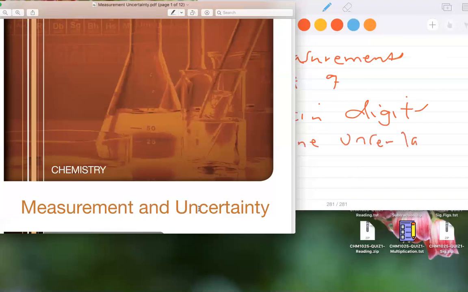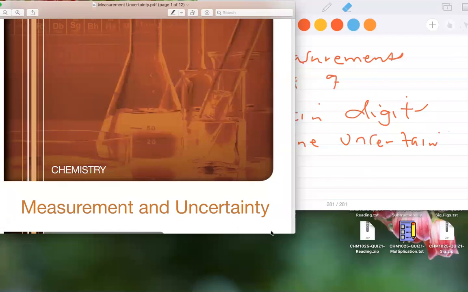The last digit in a measurement is always an approximation.